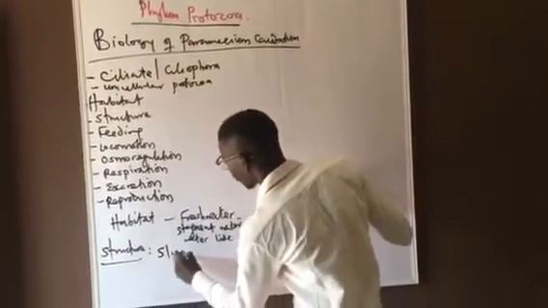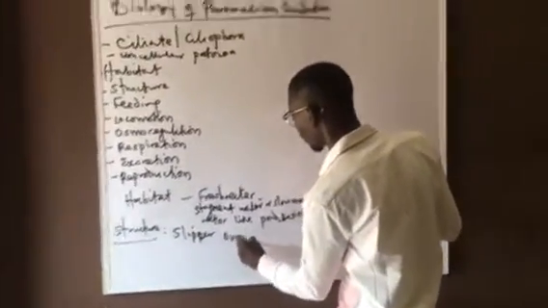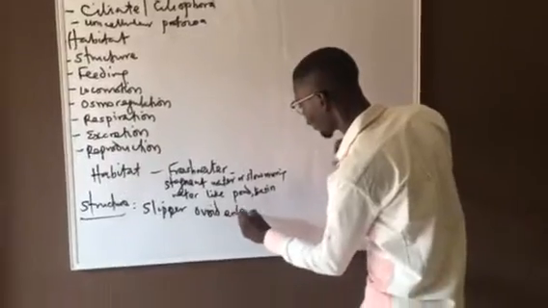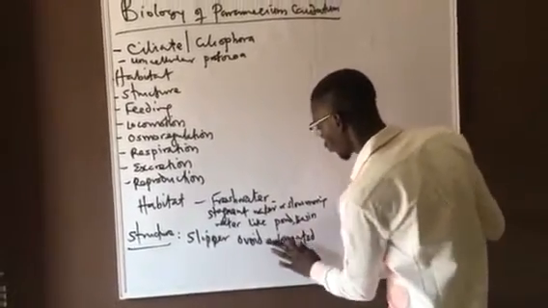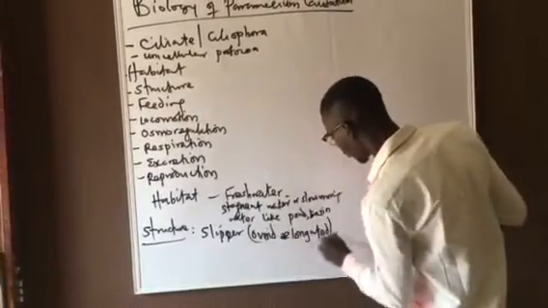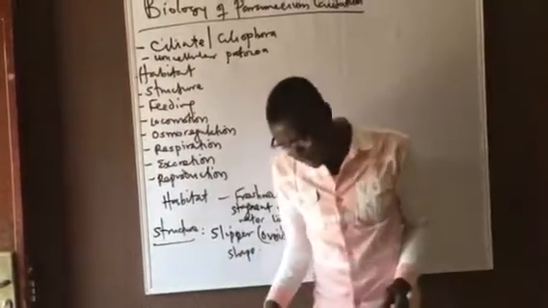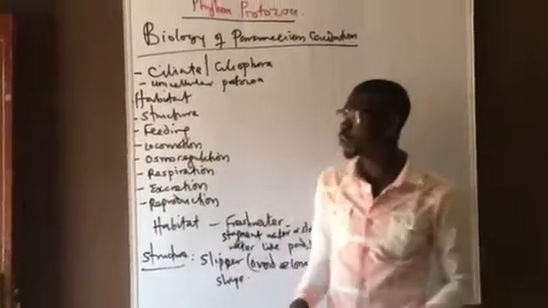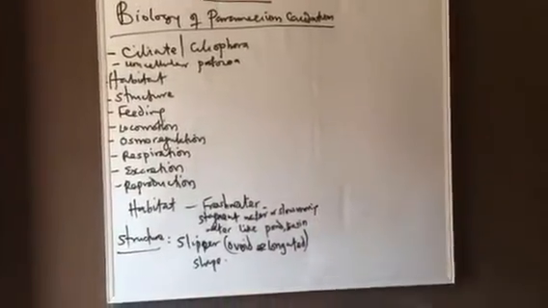That is the ovoid elongated shape. So when you remember paramecium, the shape is just like slippers. That's what we mean by slipper shape. And this paramecium is usually blunt. Let me draw the structure of paramecium.